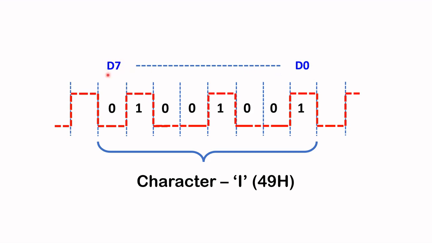The last bit here is D7. The binary pattern here represents the character uppercase I. The 49H in brackets is 49 hex, that is the hex equivalent of capital I in ASCII code.